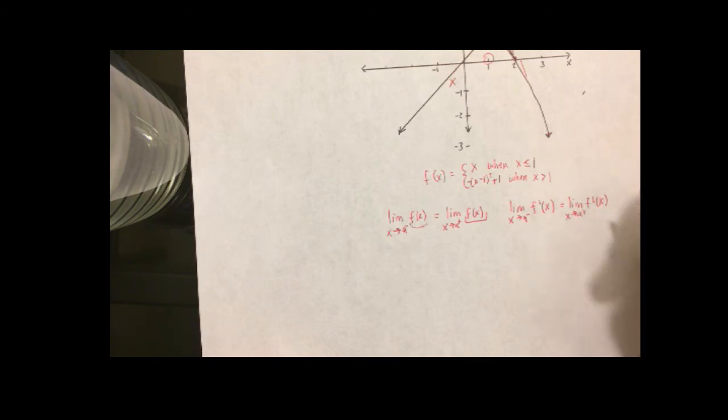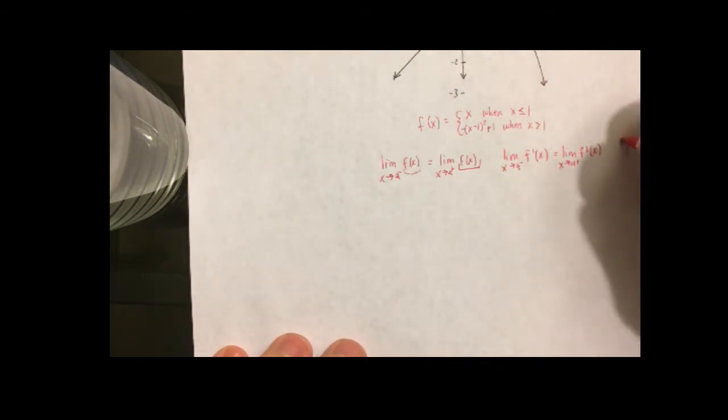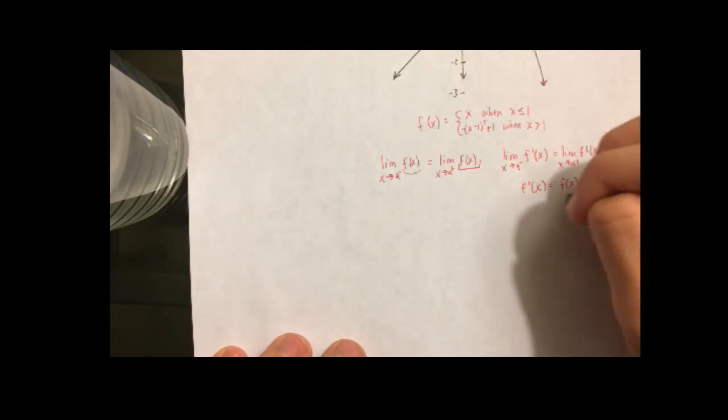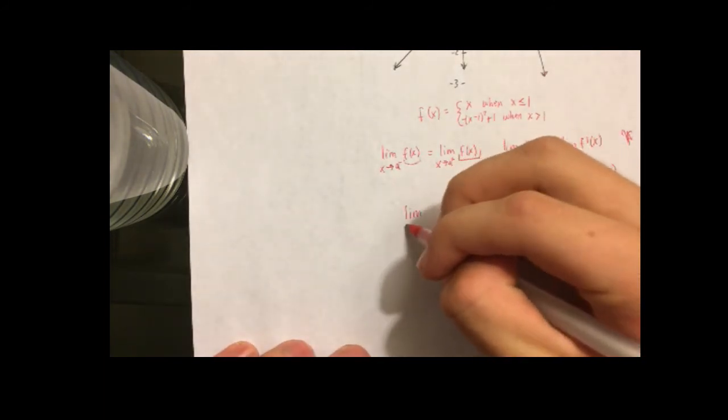And if we remember back to derivatives, we know that f prime of x is just equal to f of x minus f of a over x minus a. And a is a constant. Okay, so plugging that in algebraically, we can prove that f of x isn't differentiable at x equals 1.